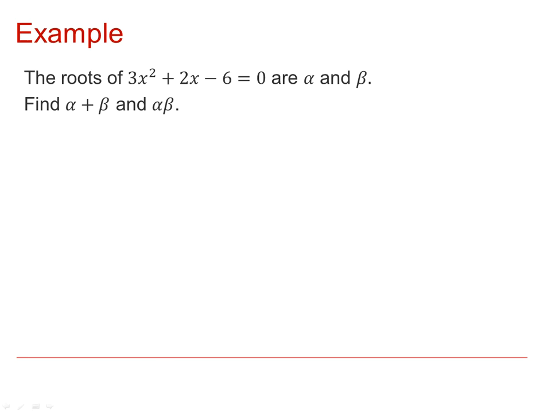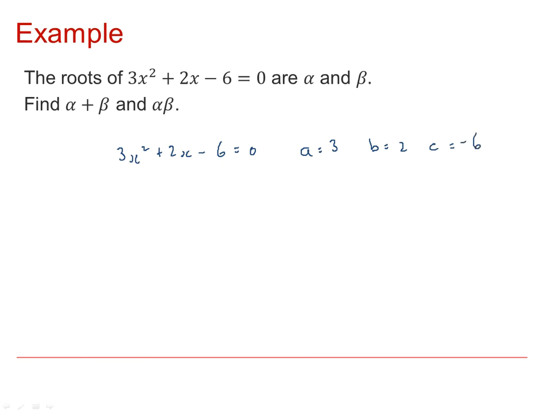Well, from the equation 3x squared plus 2x minus 6 is equal to 0, we can read off the coefficients so that therefore a is equal to 3, b is equal to 2, and c is equal to negative 6.